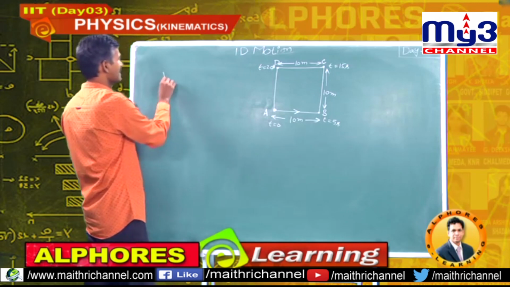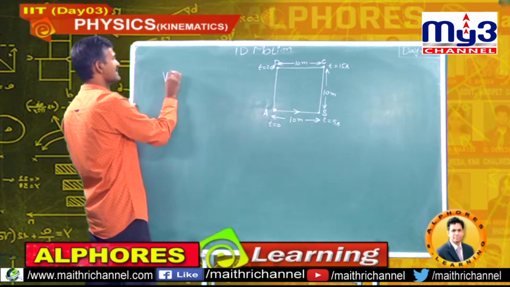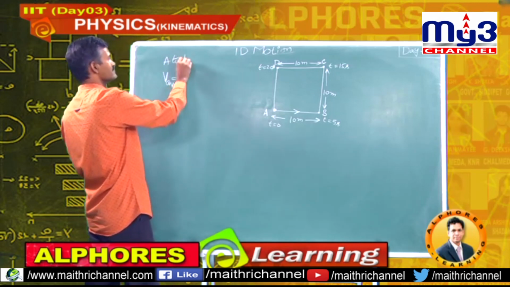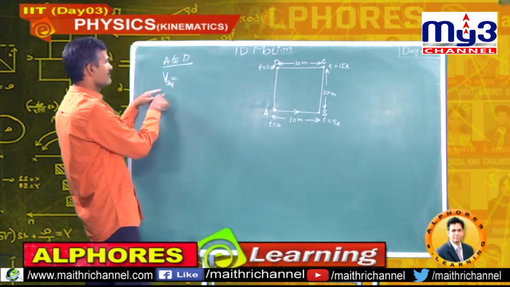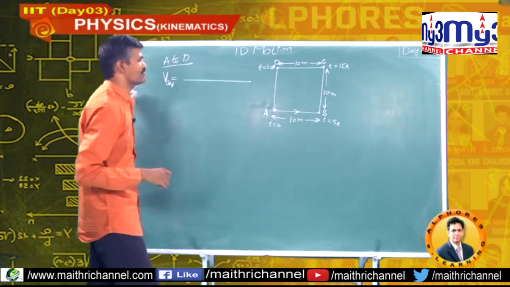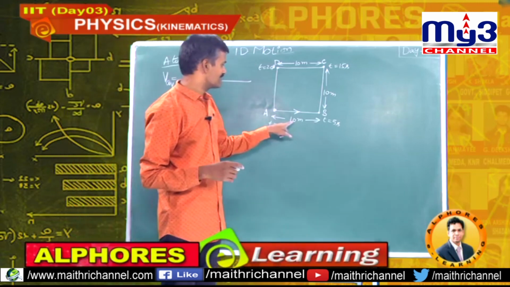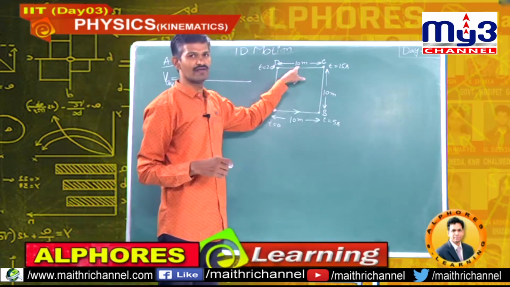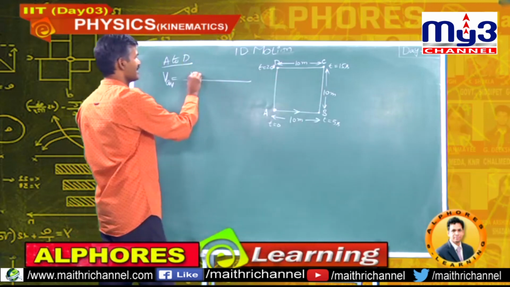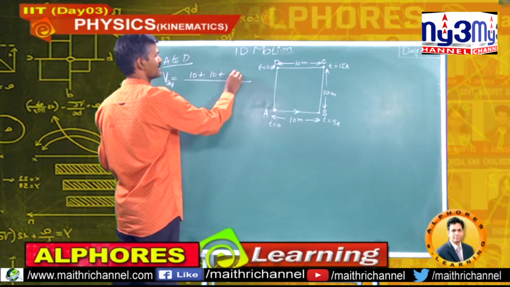We have to calculate the average speed for the journey A to D. Average speed is the ratio of total distance travelled by the body to total time. Total distance travelled is 10 plus 10 plus 10.